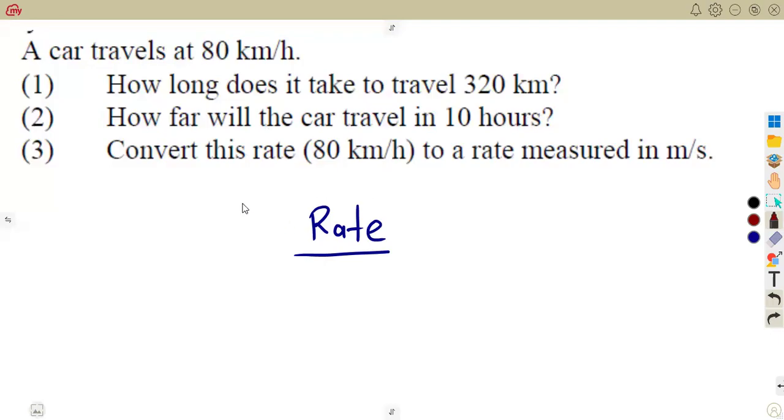So a rate is a measure of how rapidly one quantity changes in comparison to another. So this one is a measure.